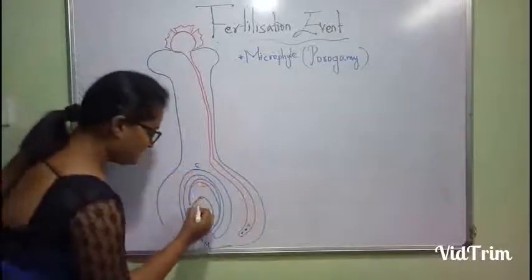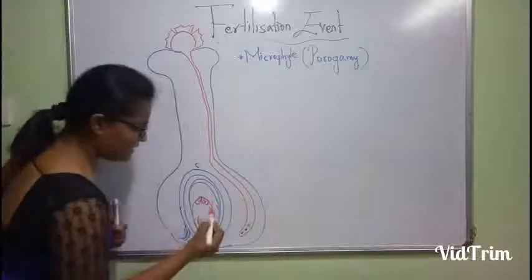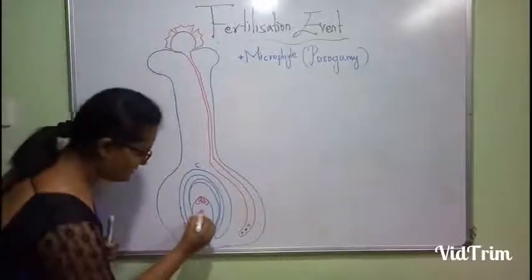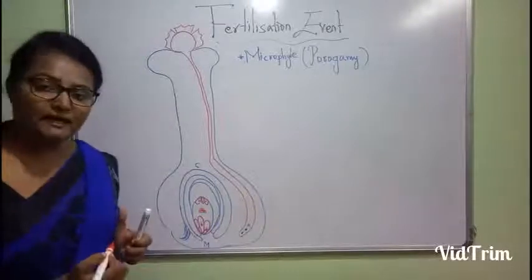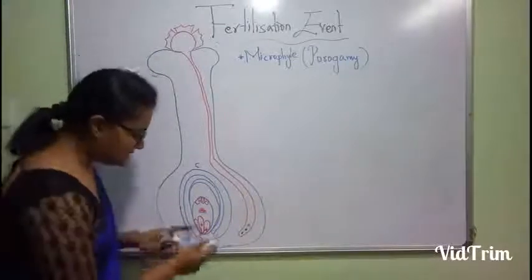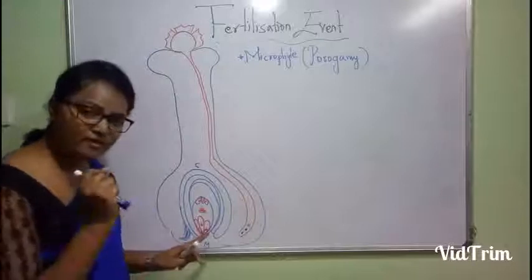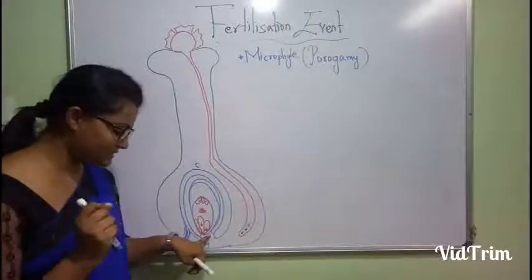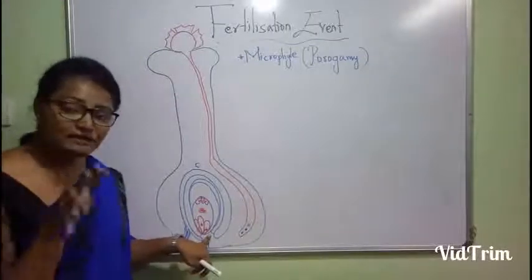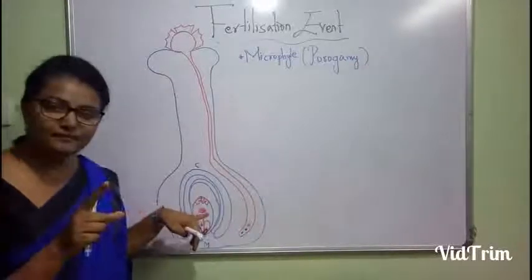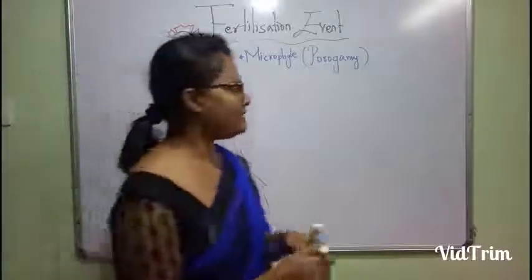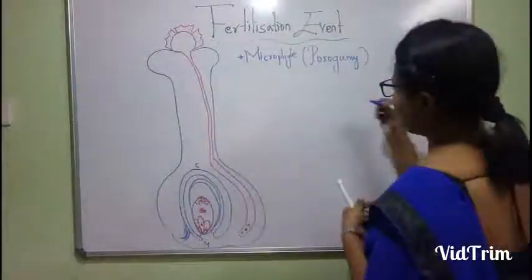At the chalazal end there are three cells called antipodals, and the central cell contains the polar nuclei. The synergids, with the filiform apparatus present in them, show the pathway for the entry of the pollen tube within the embryo sac. I'll draw it in a bigger way.